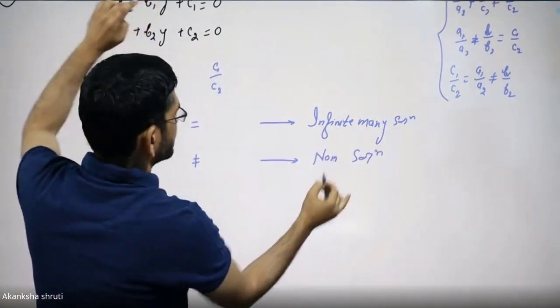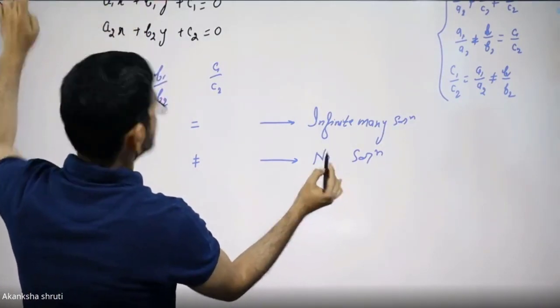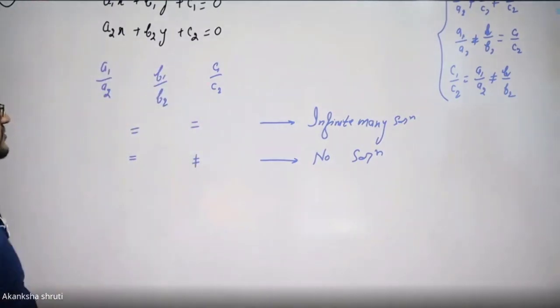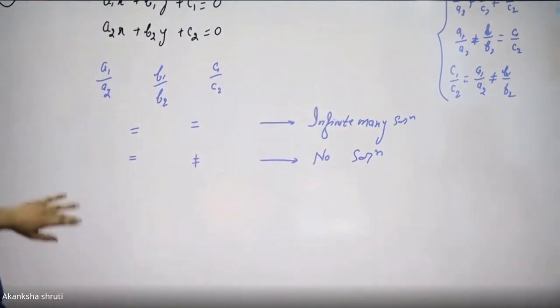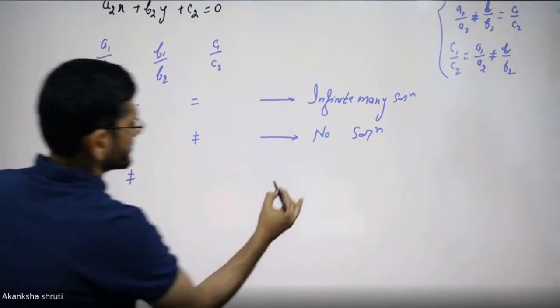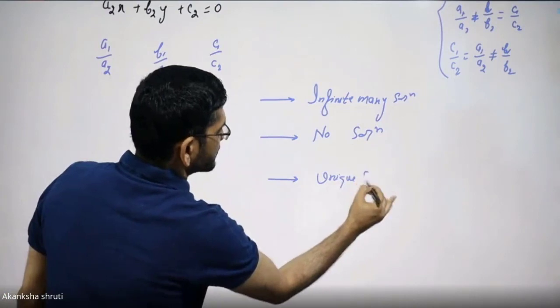So here we are getting that it is only this, whether it is equal to c1 by c2 or not equal to c1 by c2, that changes it from no solution to infinite many solutions. Third, if a1 by a2 is not equal to b1 by b2, then it has a unique solution.